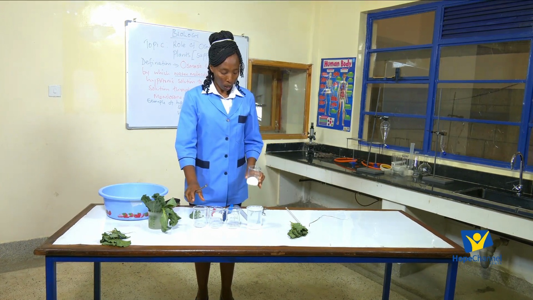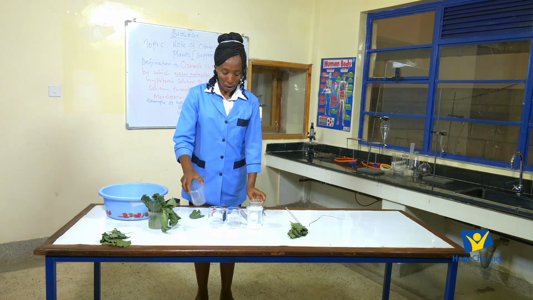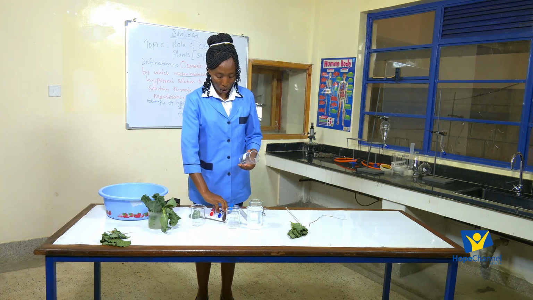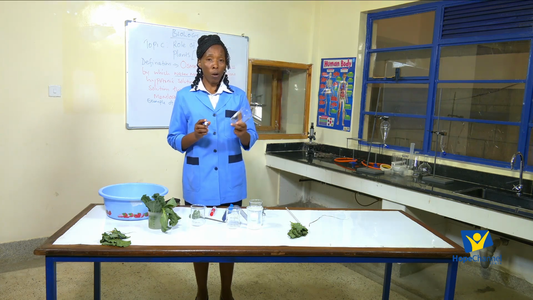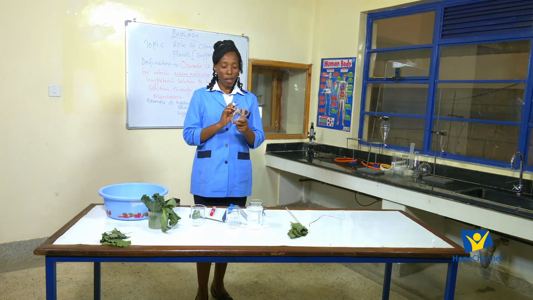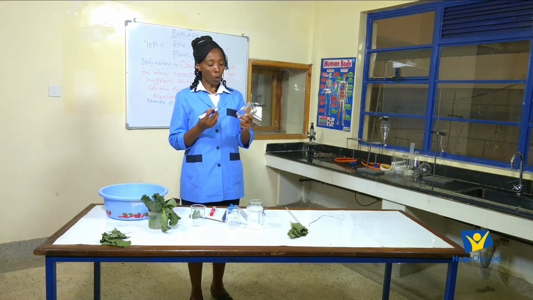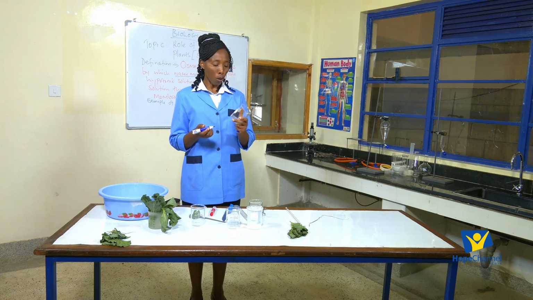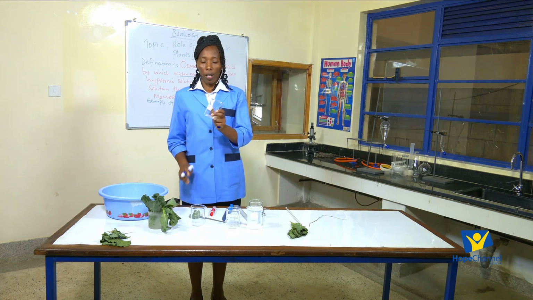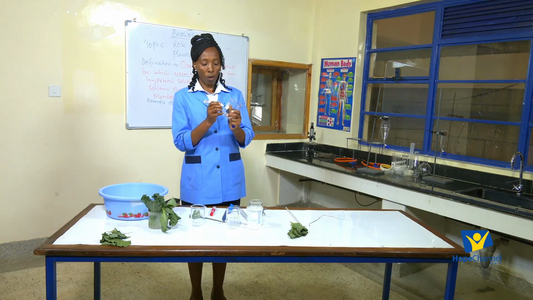So I'm going to take a beaker, and in this beaker, I'm going to label. Remember, we always say that when you carry out an experiment, you always have to label the reagents or anything that you use, to avoid confusion. So here I'm going to label it salt solution.